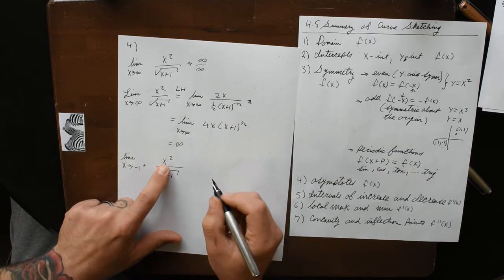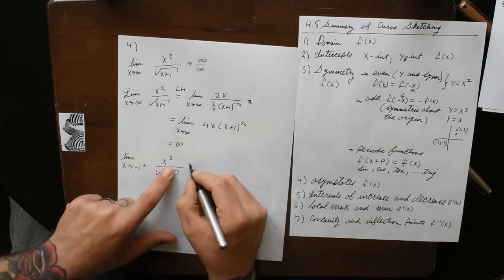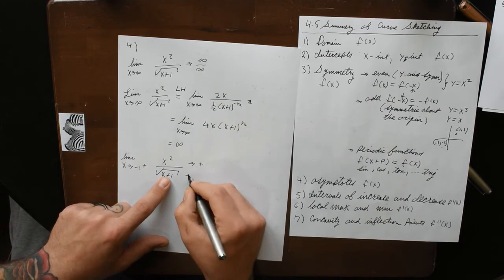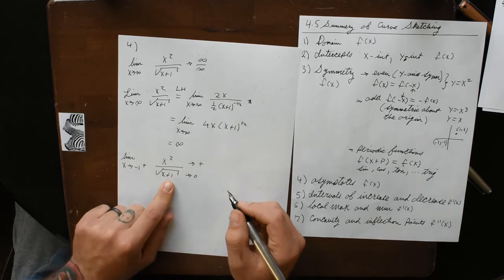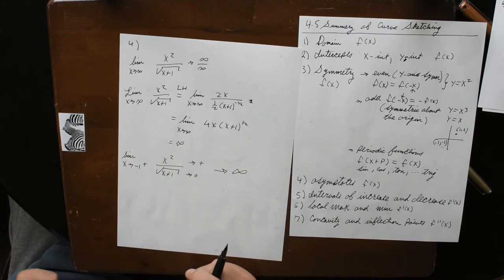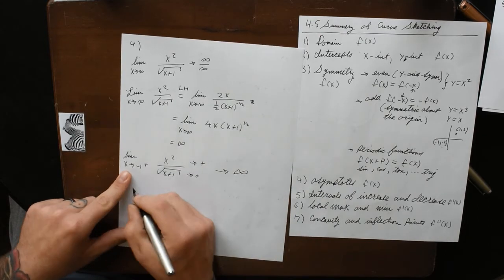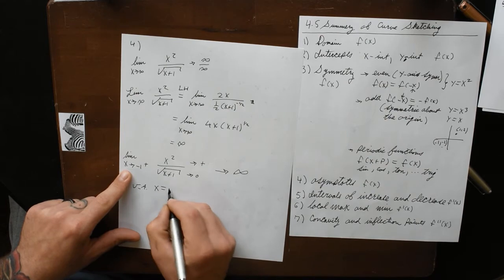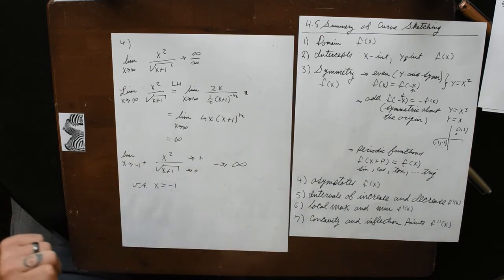Well, x squared is going to be positive, and the denominator is going to go to 0, but from a positive direction. So we're going to shoot up towards positive infinity. So we know we have a vertical asymptote along the line x is equal to negative 1.